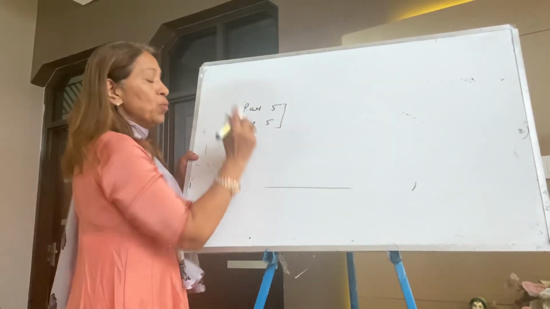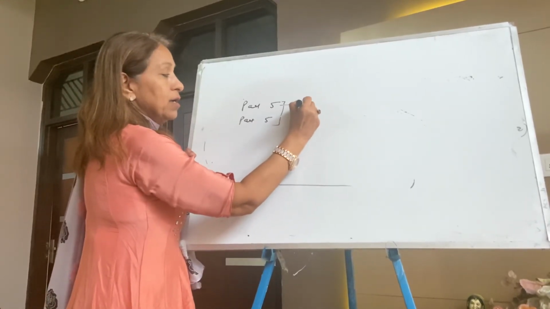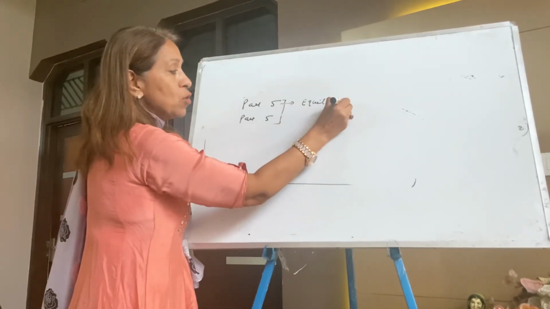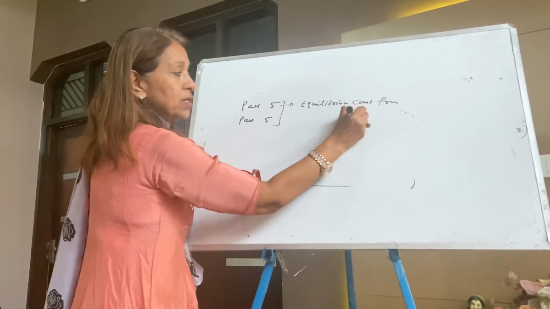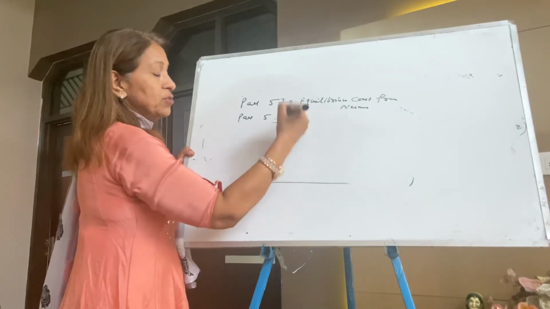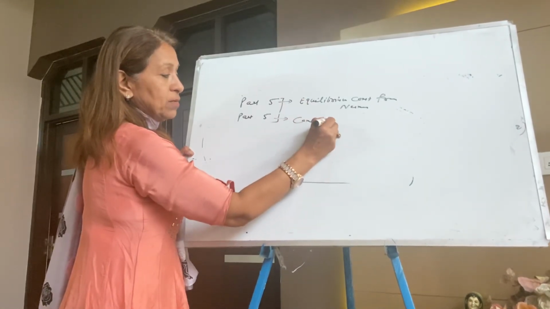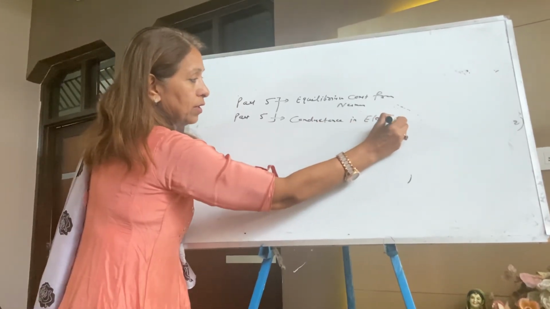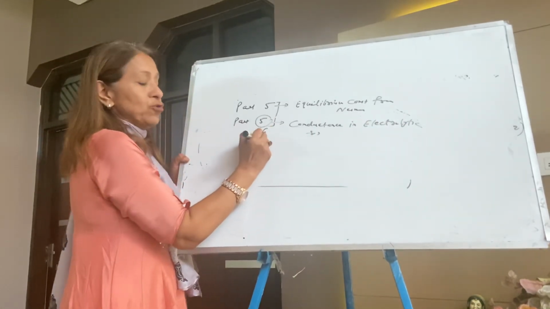The video which is part 5 carries the calculation of equilibrium constant from the Nernst equation. The one where it is written part 5 that I took yesterday is conductance in electrolytic solution. It is not part 5, it is your part 6.